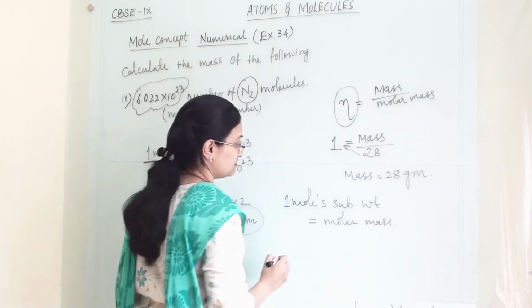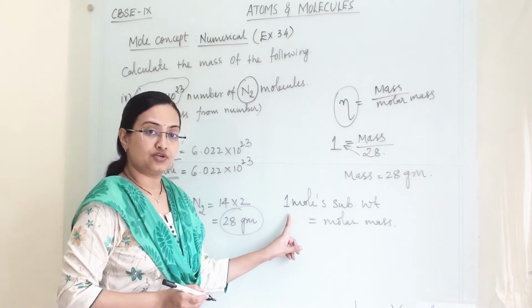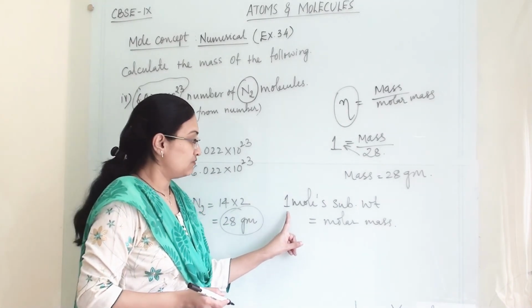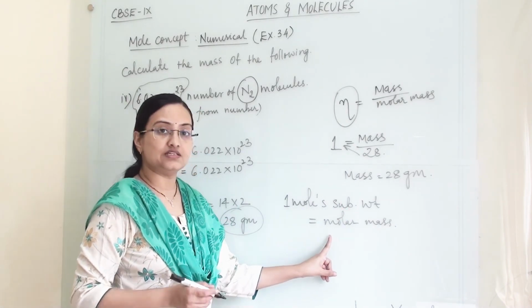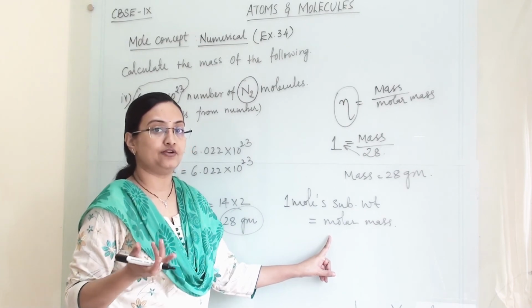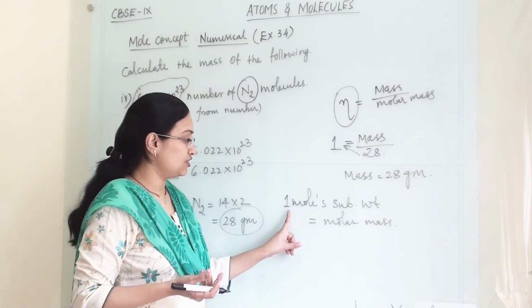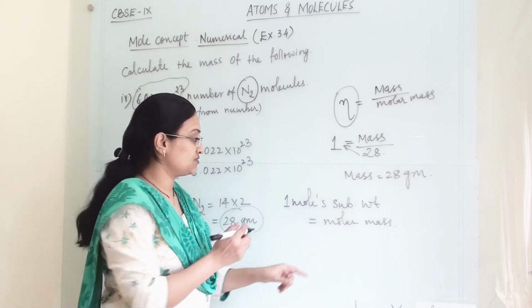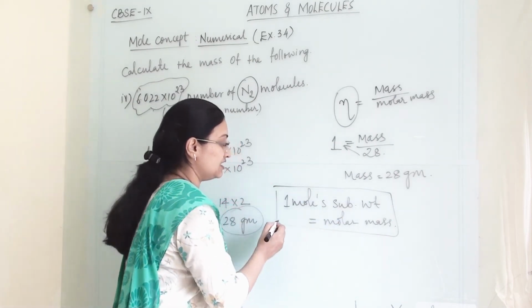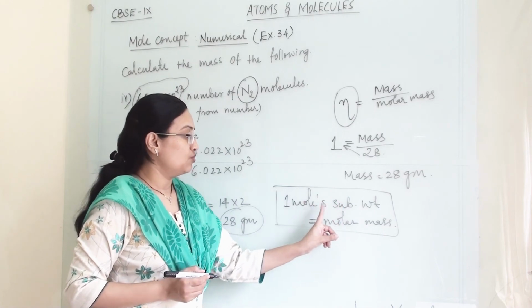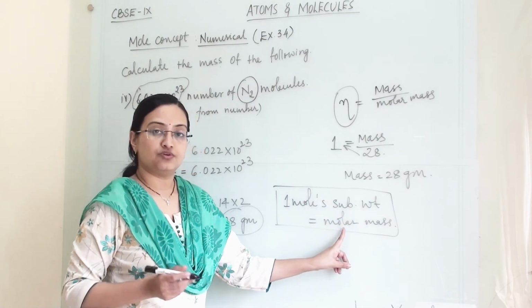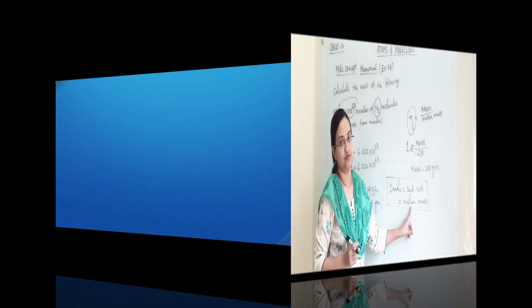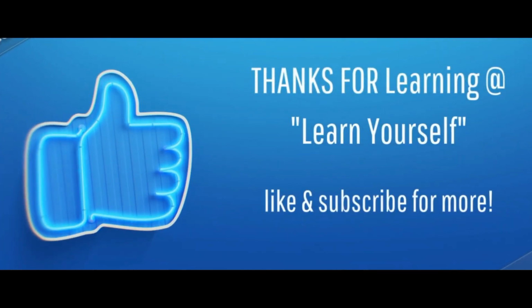Any substance. Here we can also take the example of water. 1 mole of water's weight is 18 gram. The molecular weight of water is 18. So 1 mole of water is equal to 18 gram. So this you need to remember, that 1 mole of substance weight is equal to its molecular weight.